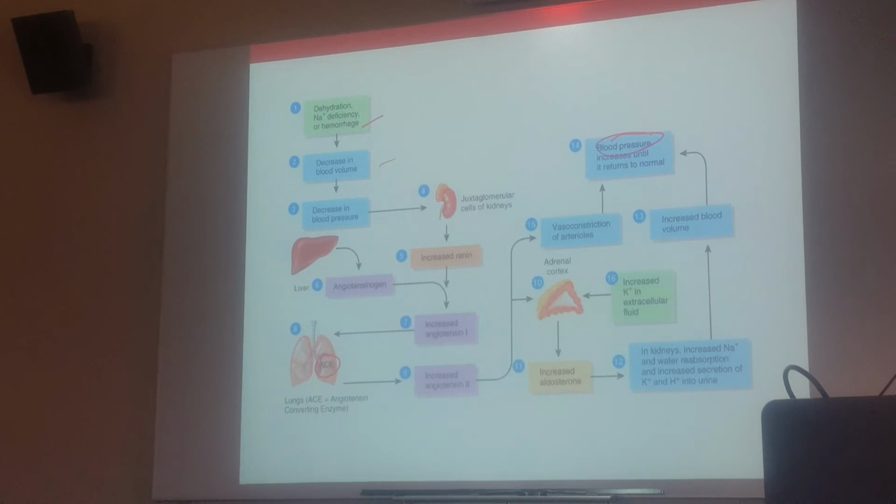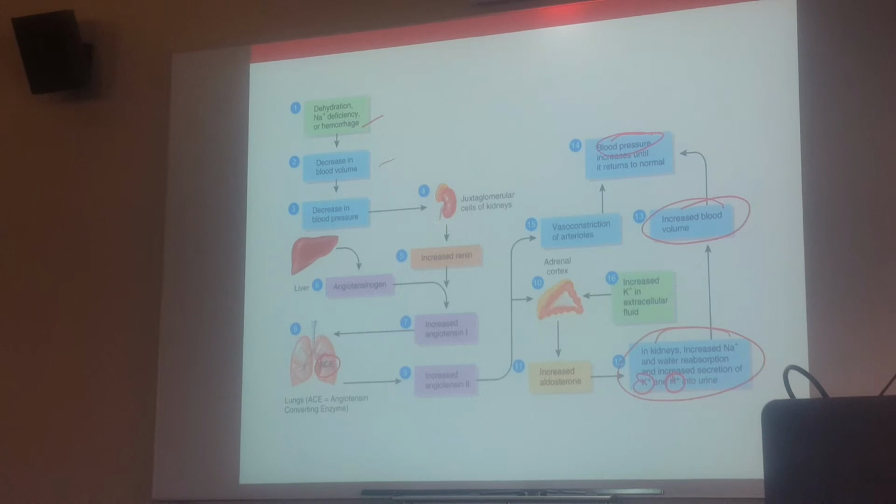Now, if we go back to aldosterone, aldosterone is going to have increased sodium and water resorption and increased secretion of potassium and hydrogen in the urine, ultimately leading to an increase in blood volume and bringing pressure back up to normal, okay? So in this instance, we're talking about blood pressure, but if we look down here, we're also maintaining plasma volume. So it has a direct effect on plasma volume.